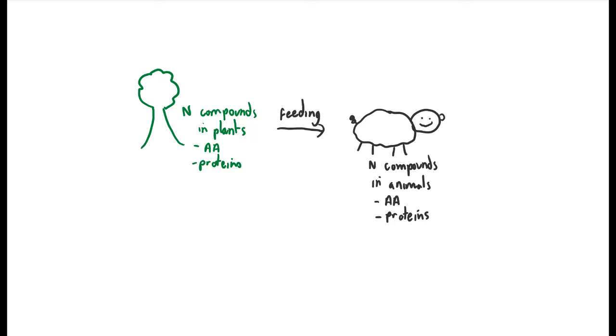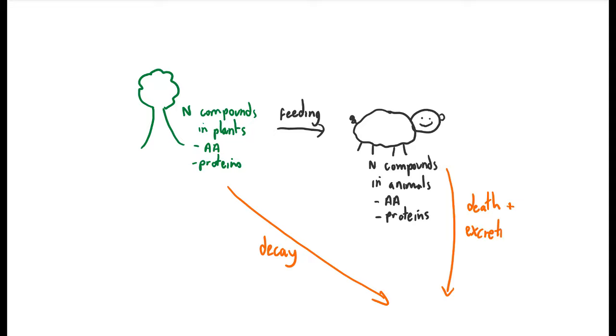Now, what can happen next is, and this happens in both plants and animals, the plants can die and decay, and the animals can also die, decay, and they can also produce waste.